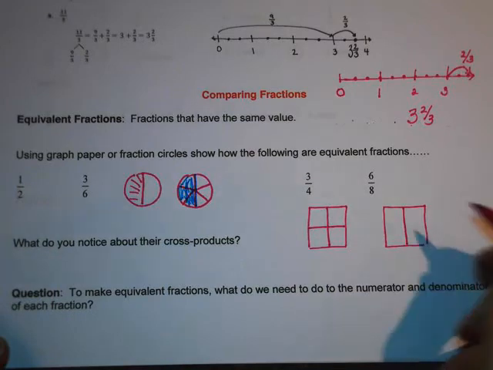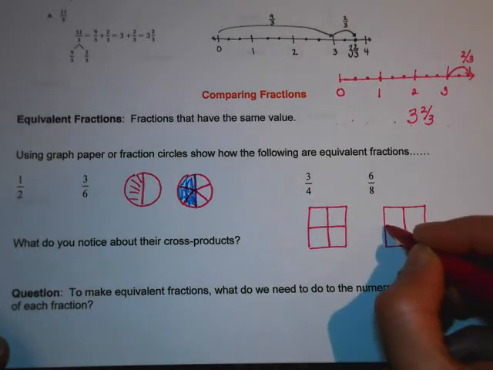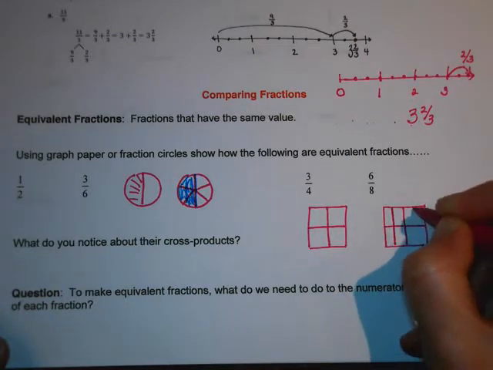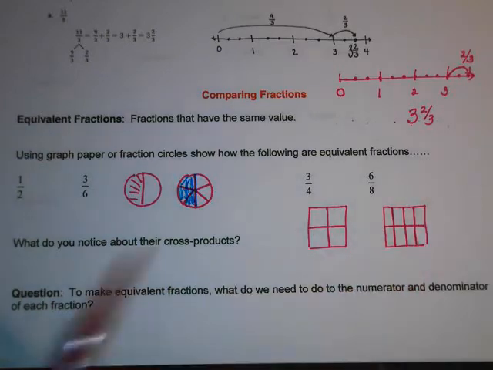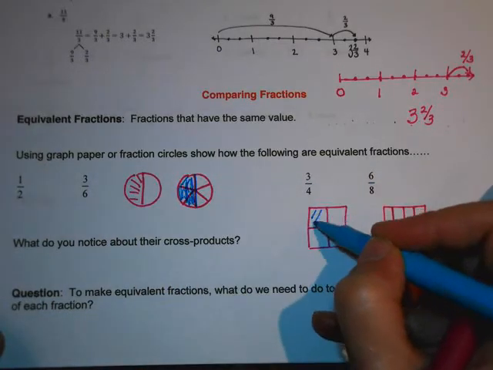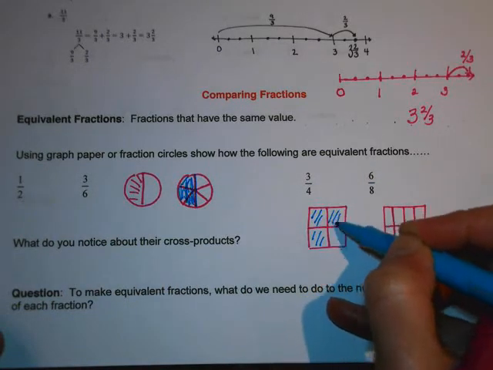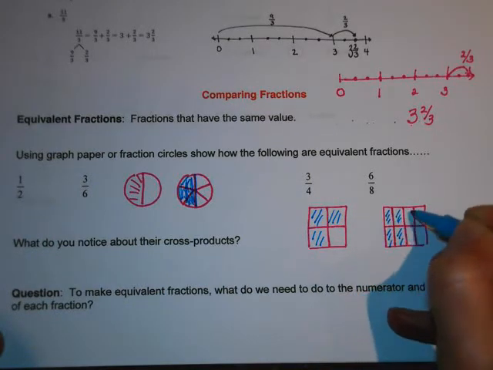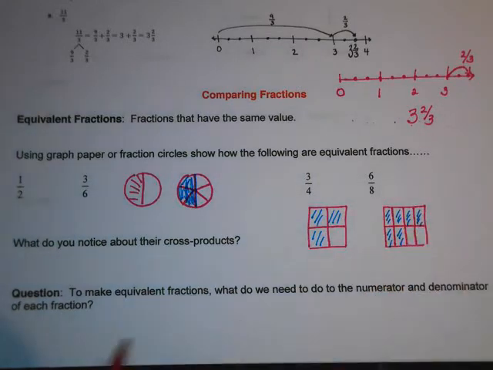Let's see, 4. Let's do it this way. Okay, so 3 out of 4 would look like this. If I had to do 6 out of 8, there's 2, 4, and then I'll do these 2 at the top so you can see that it's similar.